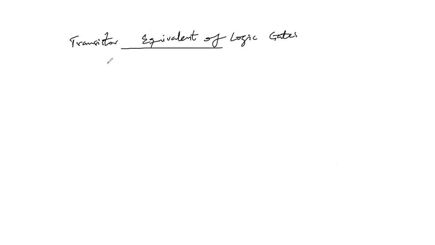Two types of transistors to be considered for logic gate design are the N-type MOSFET and the P-type MOSFET.